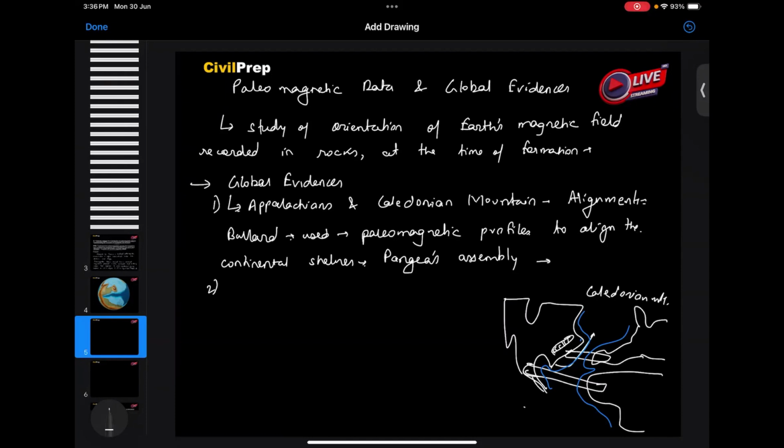Now, number two, here we have glacial striations in Gondwana. So this study was done by Du Toit.